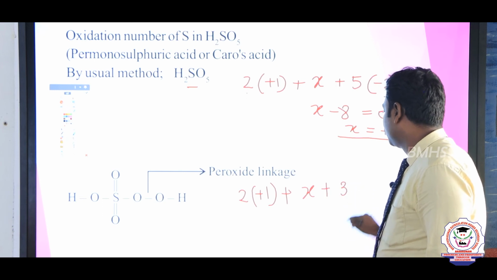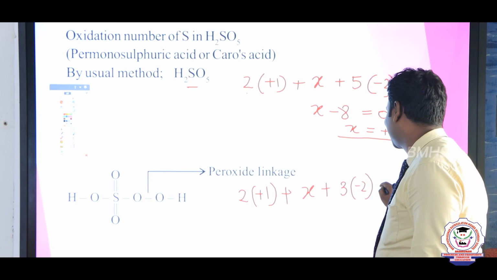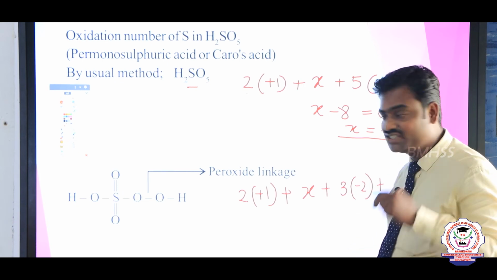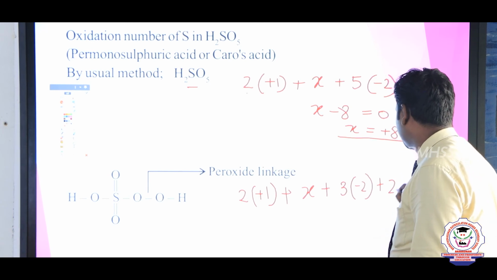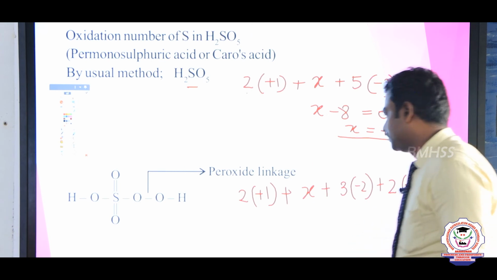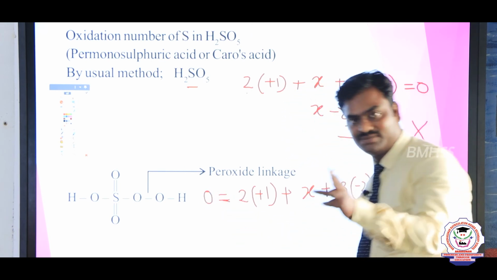So 3 into minus 2, plus 2 more oxygens are left. Both are carrying minus 1 charge. So 2 into minus 1. Now see, that is equal to 0 because it is a neutral molecule.